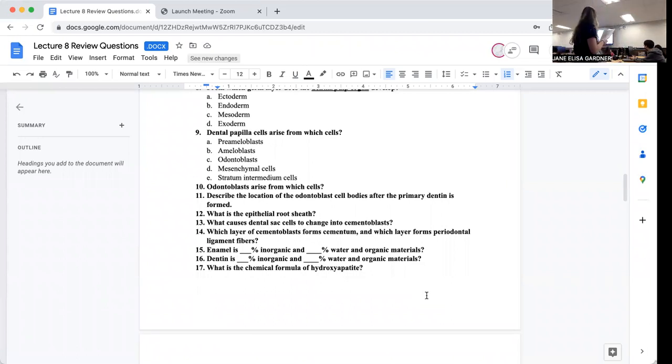I memorized this easiest by knowing that it's made of calcium, phosphate, and hydroxide. Then you can put those together, and all you have to memorize after that is the numbers. So 10 calcium per 6 phosphates per 2 hydroxides.